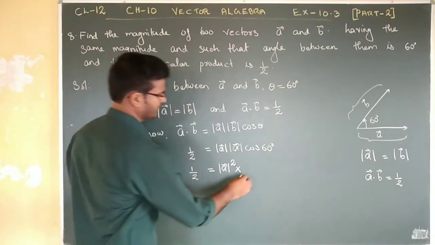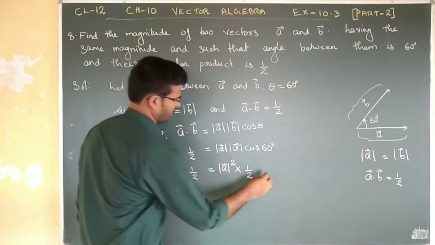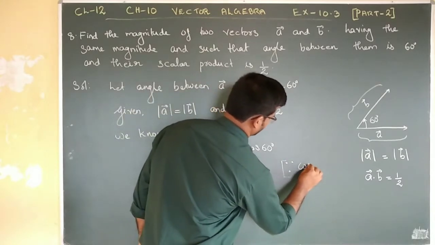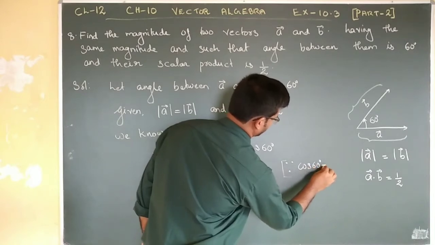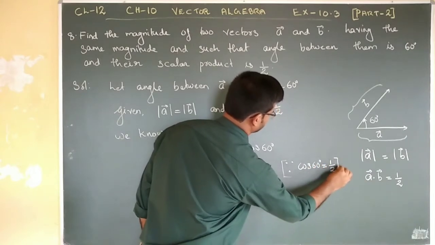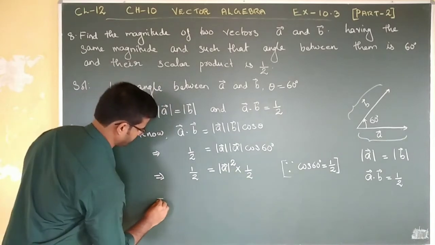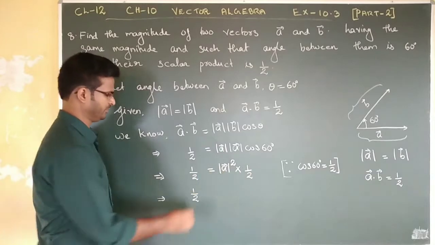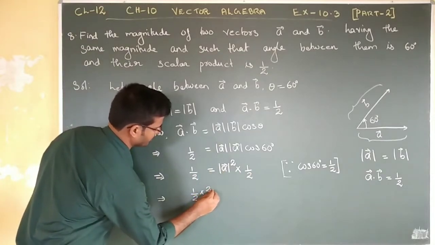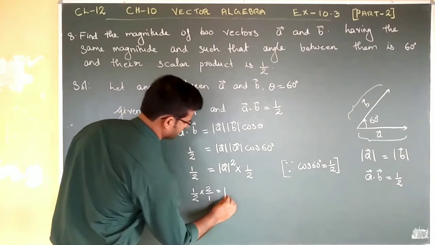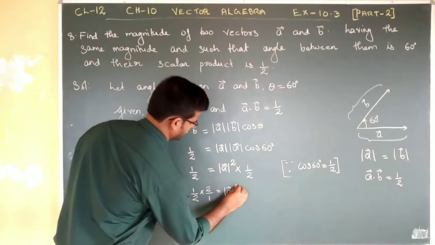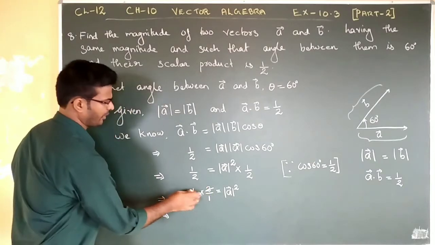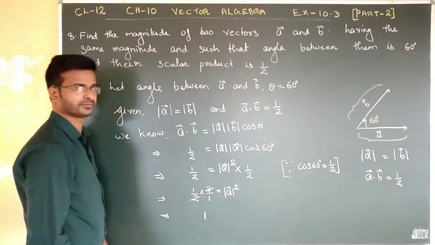Cos 60 value you know, that is 1 by 2. We can write in bracket, since cos 60 degrees equal to 1 by 2. From the right side, this 1 by 2 brought to the left side will be 2 divided by 1 equal to magnitude of A vector square. 2 and 2 cancel, the remaining is 1 divided by 1, that is 1.